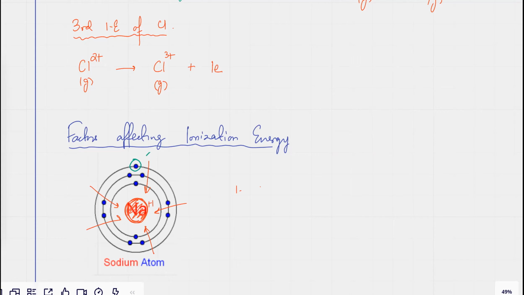Yes. So factor number one is that if you have more protons, which means if you have more positive nucleus or more nuclear charge, there's going to be more attraction for electrons, and it's going to be more difficult to remove electrons. It's going to become extremely difficult.